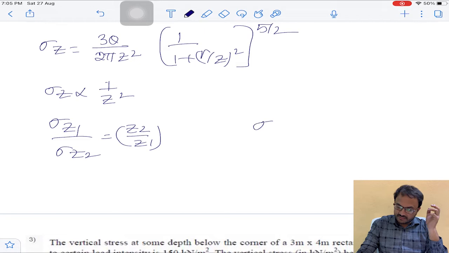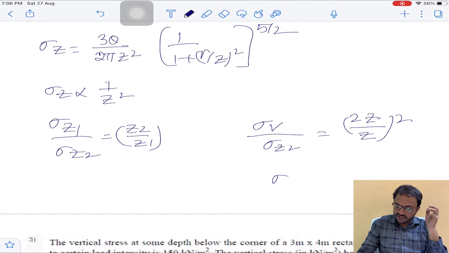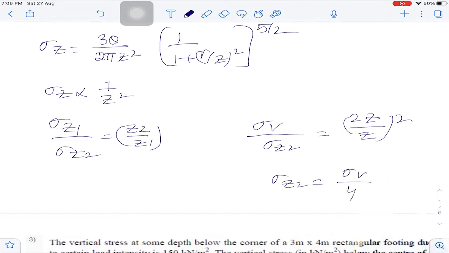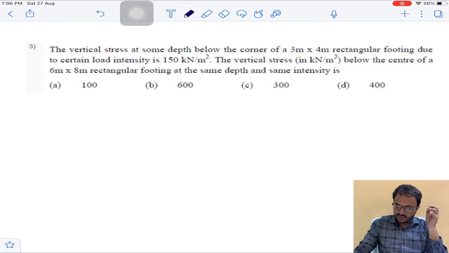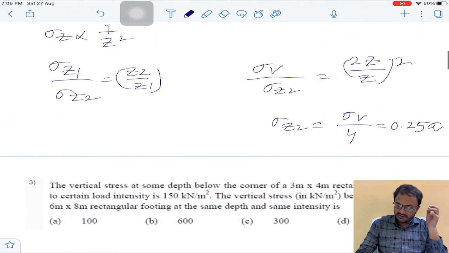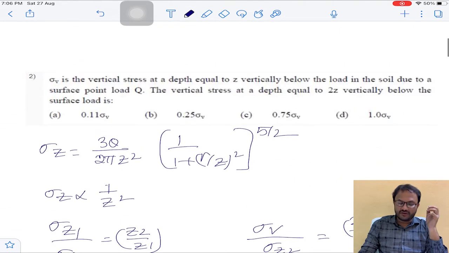Sigma Z1 is sigma V and sigma Z2 we need to calculate, and Z2 by Z1 is 2Z divided by Z, whole square. So from this expression you will get sigma Z2 is equal to sigma V divided by 4, so it is 0.25 sigma V. So the answer is B for question number 2.